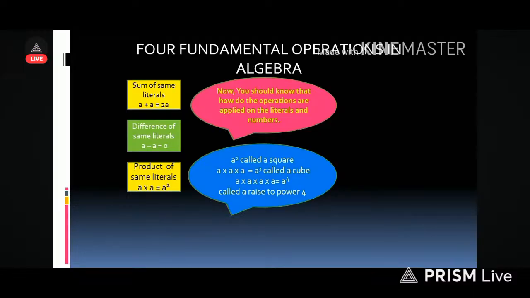Now a multiplied 3 times, a multiply a multiply a, will be a raised to power 3 or called a cube. If we multiply a 4 times, it will be a raised to power 4. But product of different literals, a multiply b, is equal to ab.